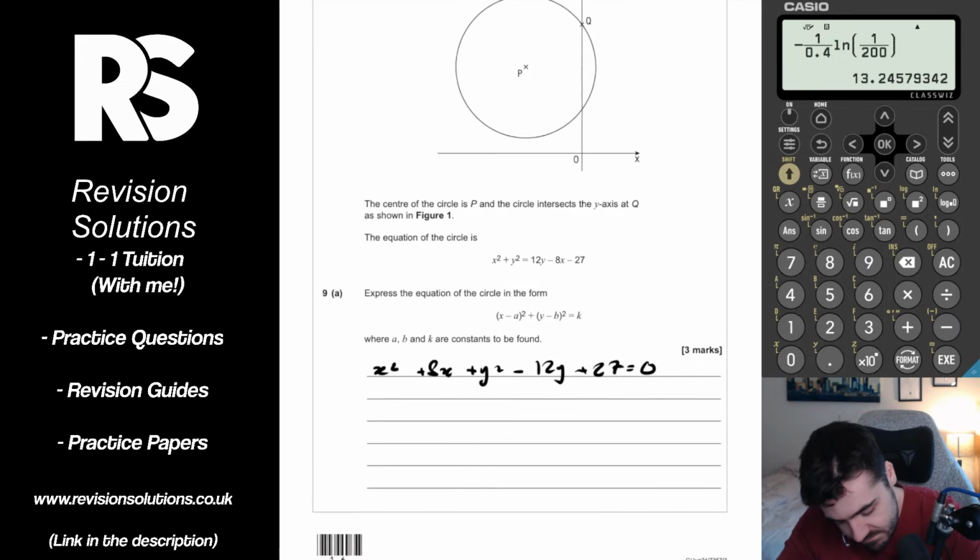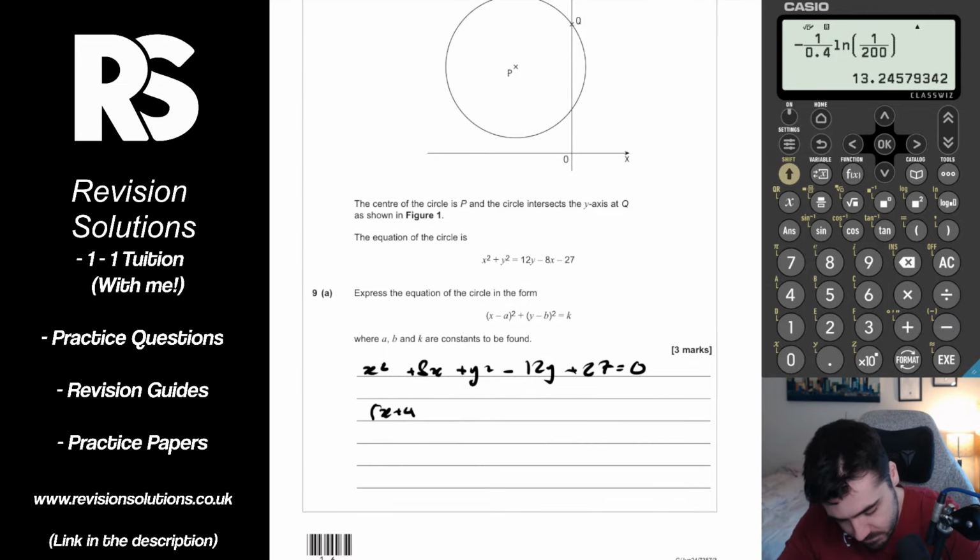So then we'd have x plus 4 all squared plus y minus 6 all squared. I'm just completing the square here by the way guys. We'd have to take away a 16 from the 4 squared in the first bracket, and a 36 from the 6 squared in the second bracket. The 27 is still there.